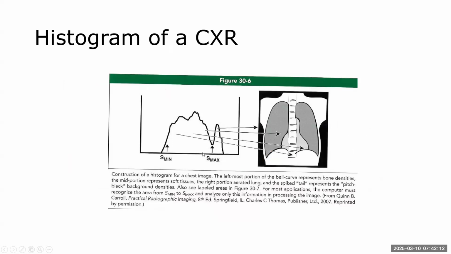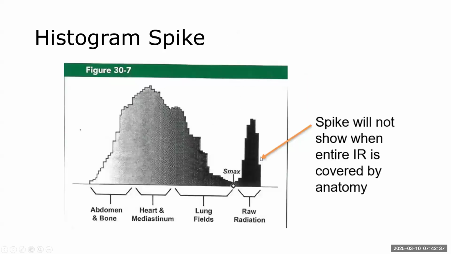And it's drawing arrows. So if you look at the arrow that's drawn from this spike, it's pointing to this area right here. Is there any anatomy covering that area? No. So this spike represents these pixel values out here where there's no anatomy in front of the beam.